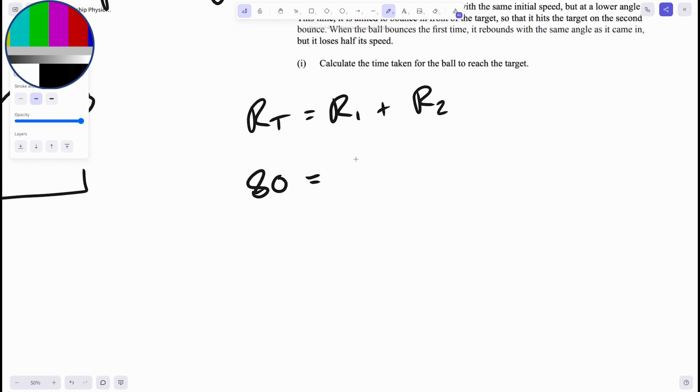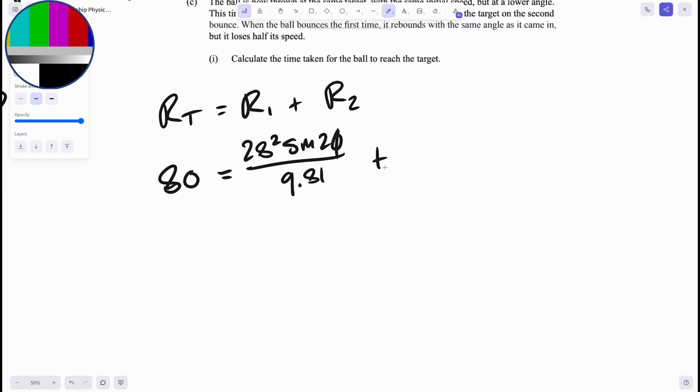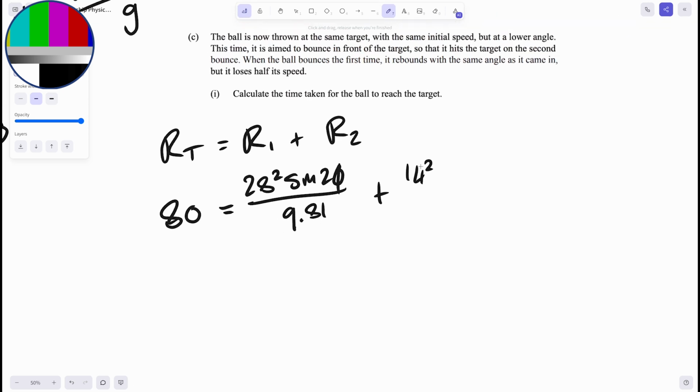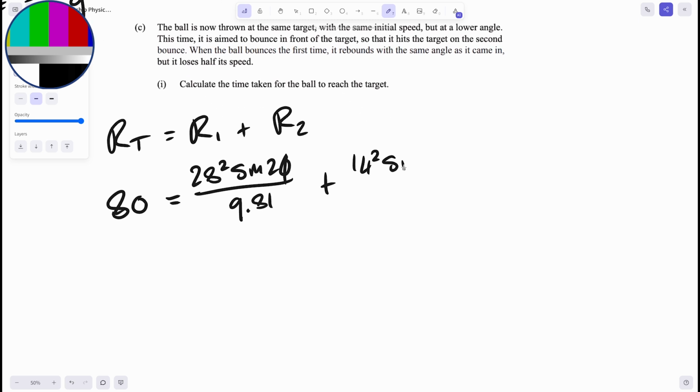Our velocity for the first throw is 28 squared sine 2 phi all over 9.81. And our R2, we know that's 14 squared. The reason for that is because it loses half its speed.